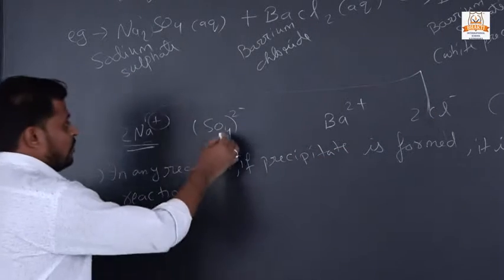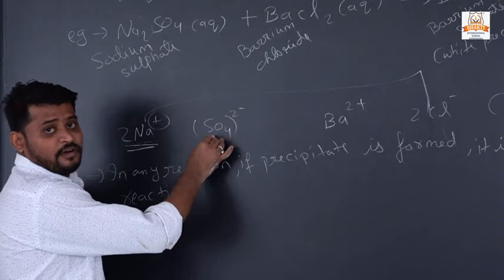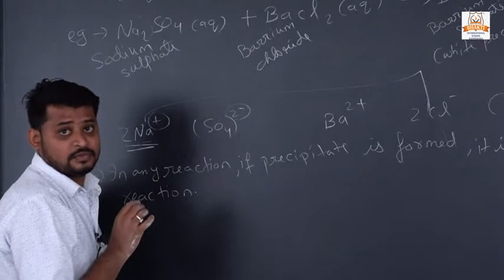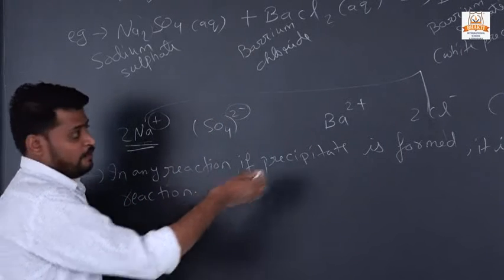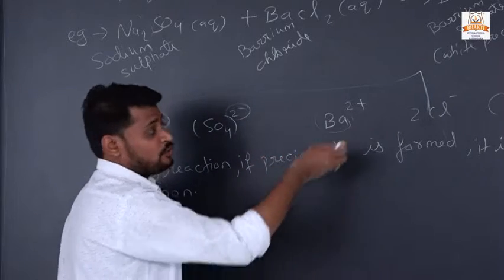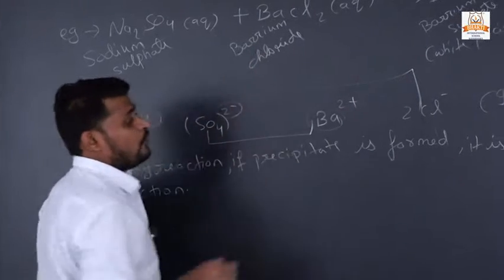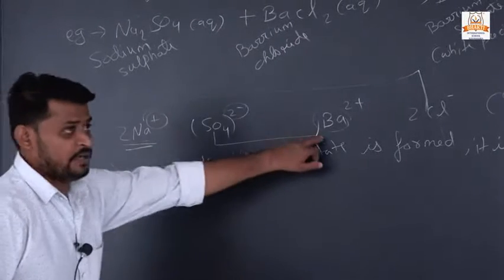Now the sulfate has 2 minus charge, and barium wants to gain 2 ions, so sulfate goes and joins with barium.